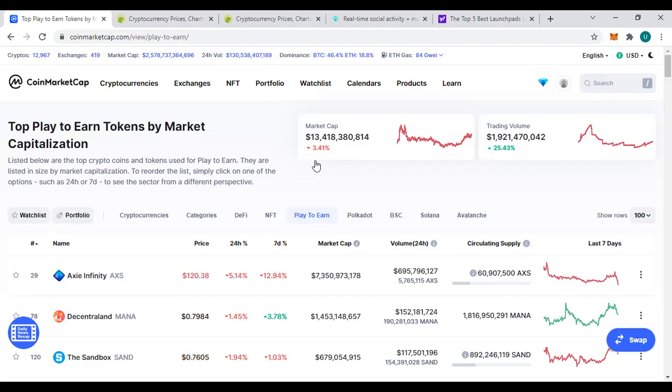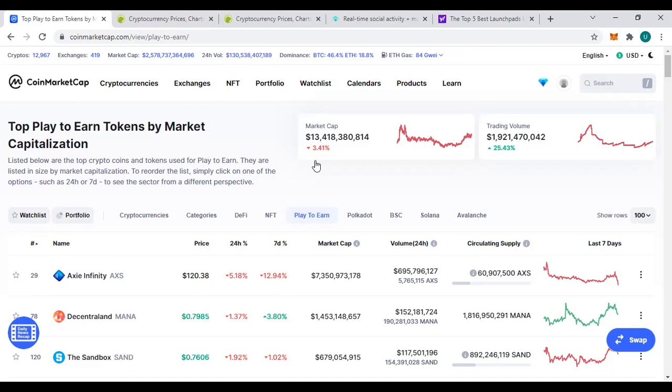Some of those games require you to make initial deposits to be able to play, but not all of them. And because of the introduction of NFT, you can also earn and mine NFTs playing those games.